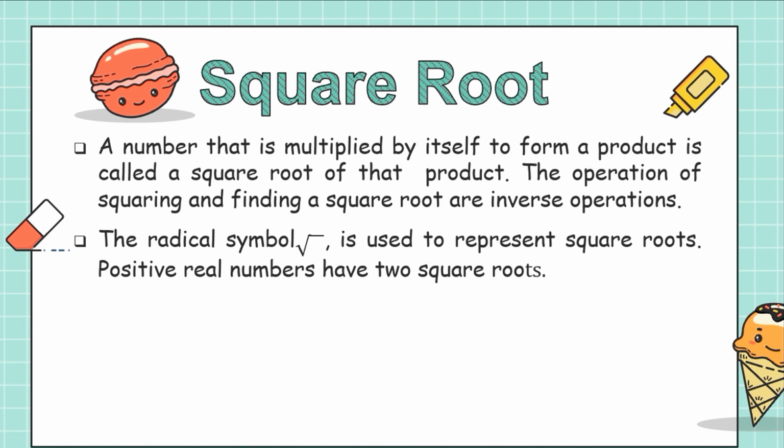The radical symbol is used to represent square roots. Additionally, you will discover that positive real numbers have 2 square roots, one positive and one negative. Through interactive examples and practical exercises, we will solidify your understanding of square roots.